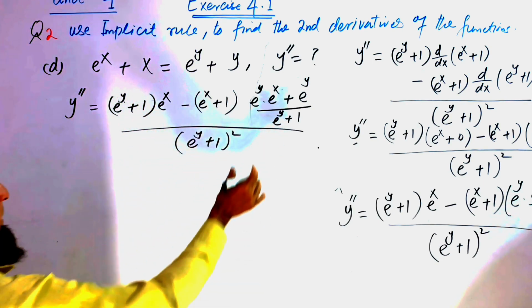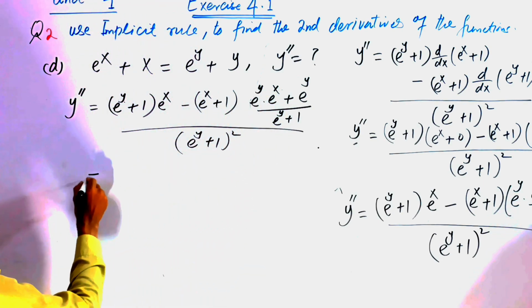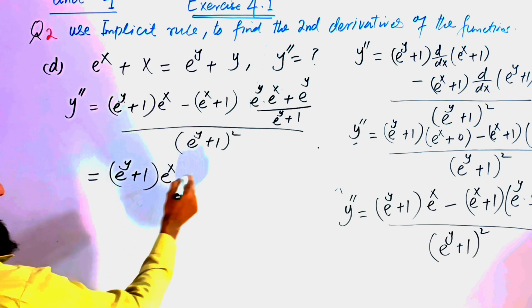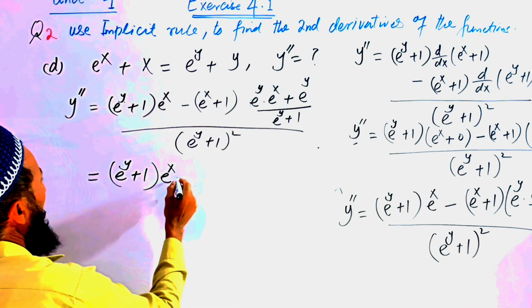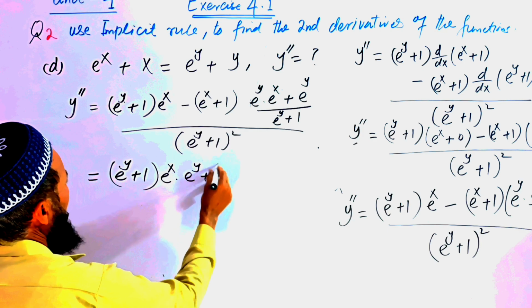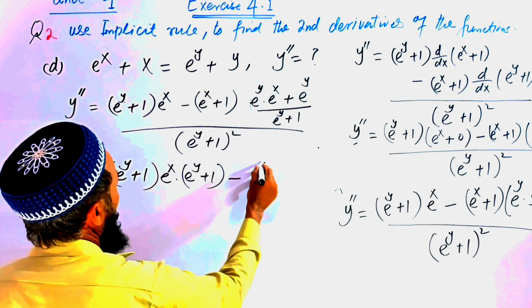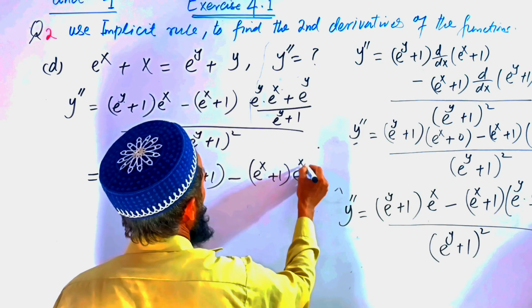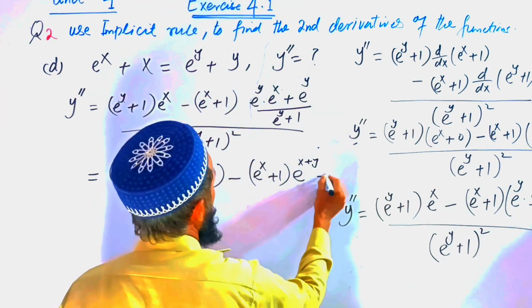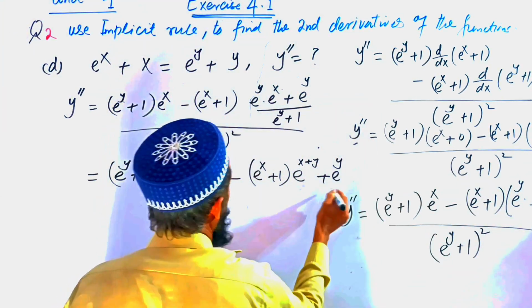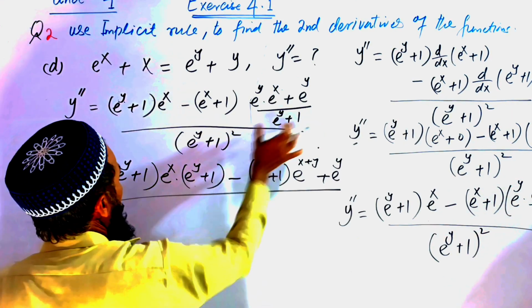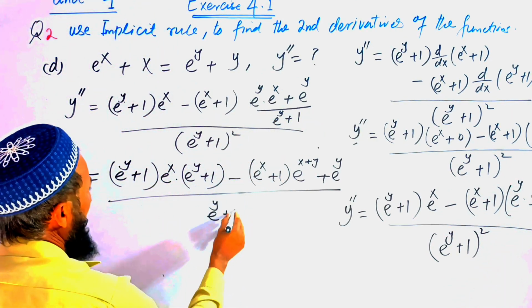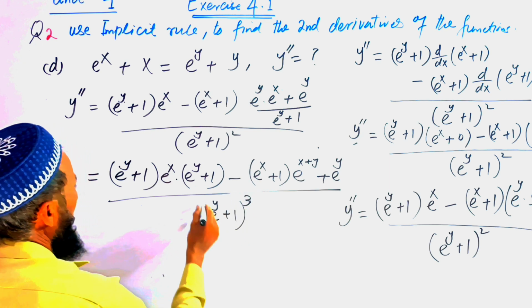Now taking the LCM, e power y plus 1 multiplied by e power x, minus e power x plus 1 into e power x plus y plus e power y, divided by this result, and this result, both are the same. We can write e power y plus 1 whole cube.